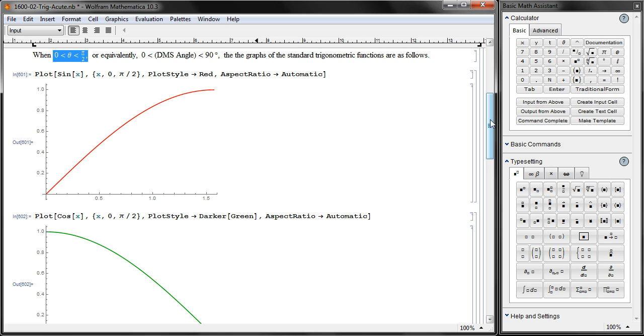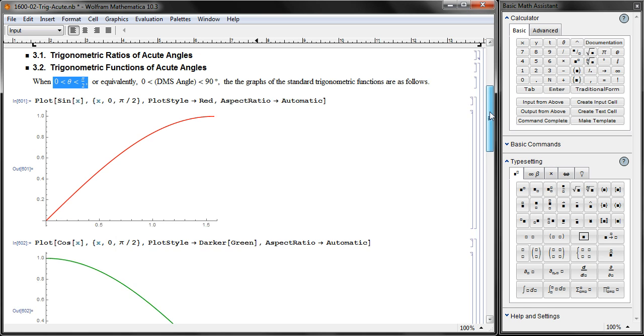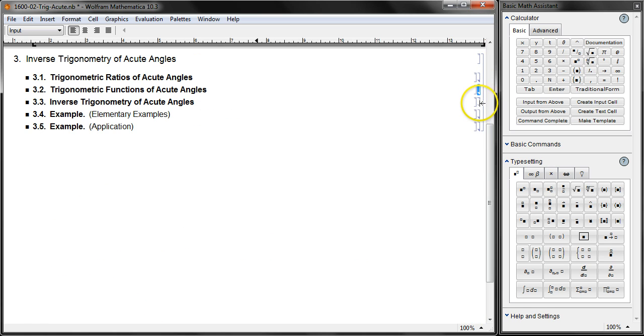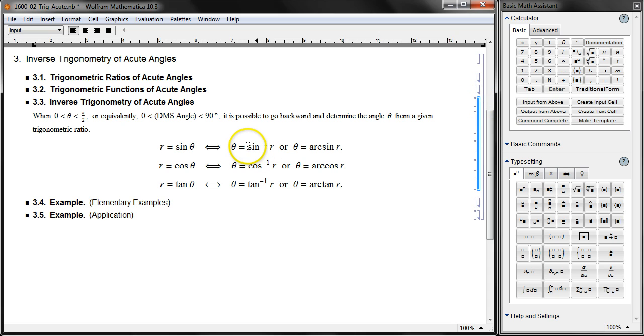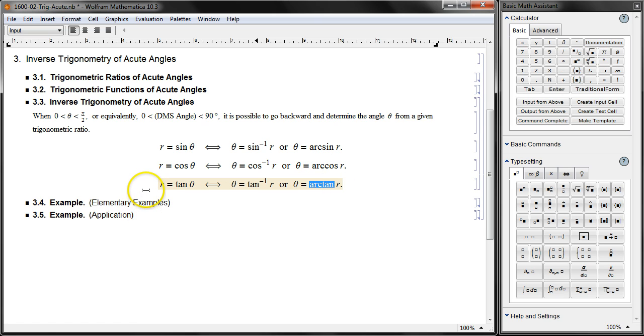Nonetheless, all these graphs pass the horizontal line test. They're all one-to-one functions, so it is possible to consider the inverse functions, which we call inverse sine or arc sine, inverse cosine or arc cosine, inverse tangent or arc tangent. All those expressions are equivalent. Well, how do you actually find those? Here's an example.